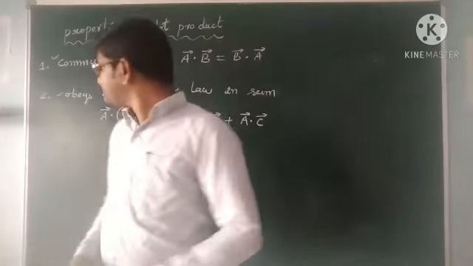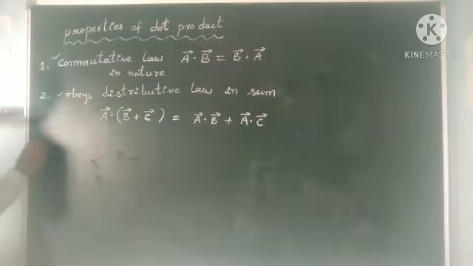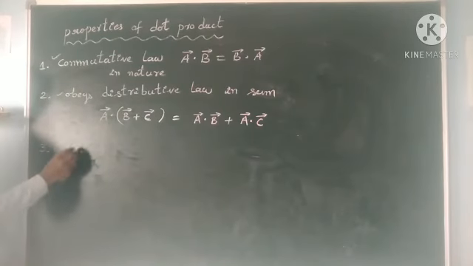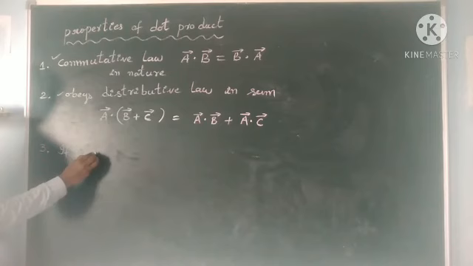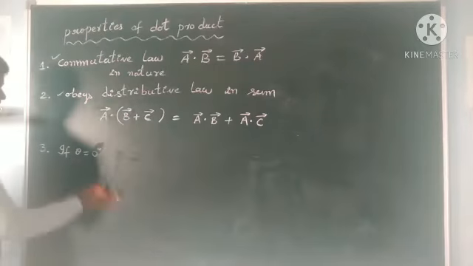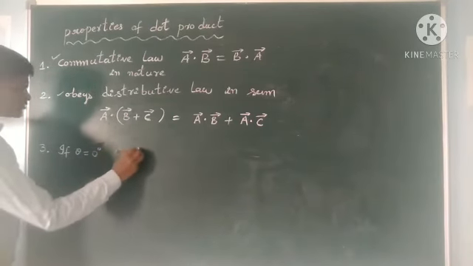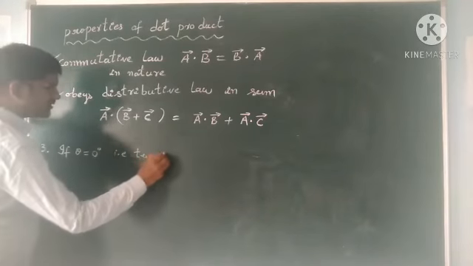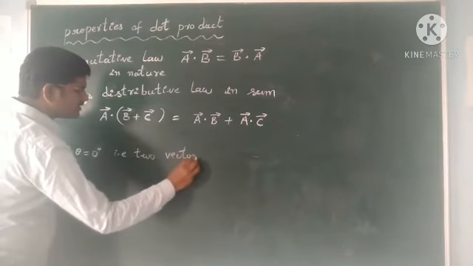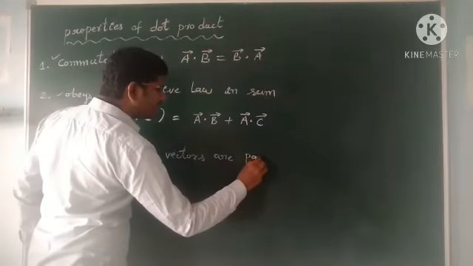And the next point: if theta is 0 degrees, which means the angle between two vectors is 0, the two vectors are parallel.